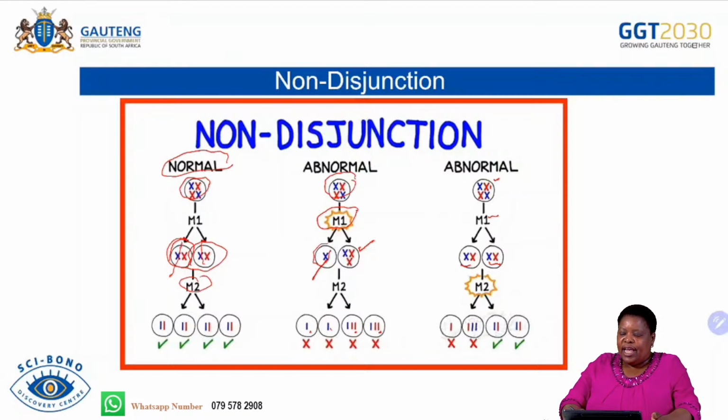So in this case, these 2 undergo normal meiosis because the results carry half the number of the original cell. But check at this one. This is abnormal division because we don't get half the number of the original cell.